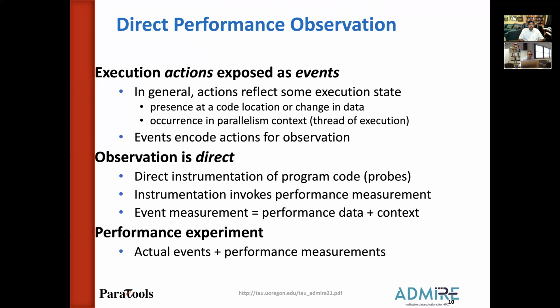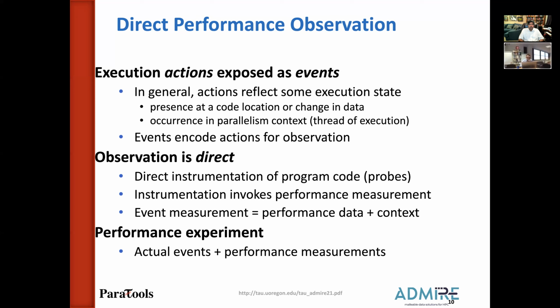And observation is direct if we add those hooks for instrumentation in the code in the form of probes. And these instrumentation hooks then invoke some performance measurement methods. And then we tie in the context of where the program is when those measurements take place. Now, we've all done this before, right?